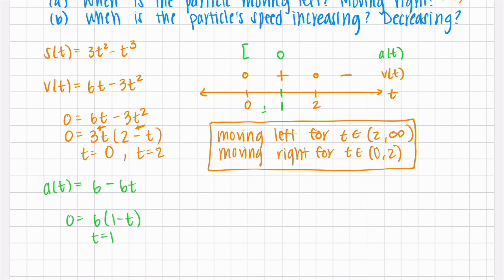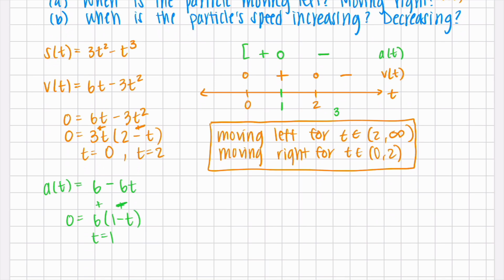So I might pick 1/2. If I plug in 1/2, I get a positive times 1 minus 1/2 is also positive. So my acceleration is positive between 0 and 1. But after 2, I might choose 3 again. When I plug in, I get a positive and a negative. So acceleration is negative to the right of 1, for t's greater than 1.